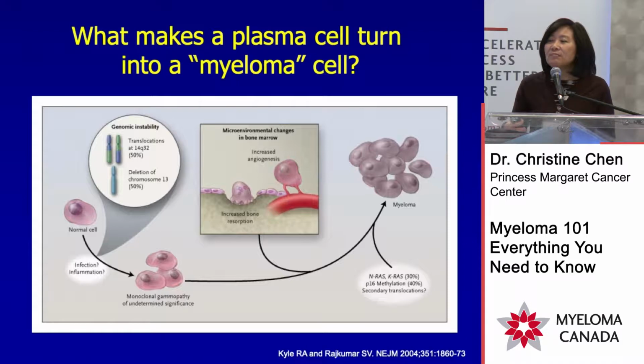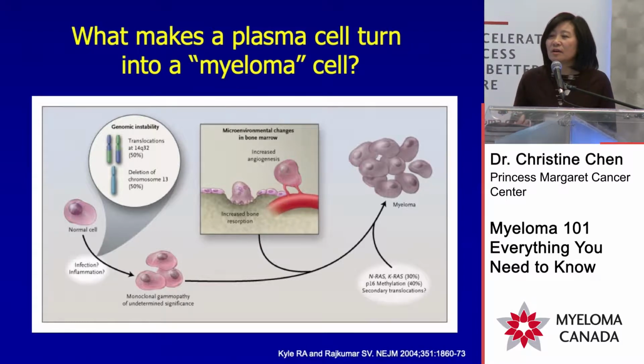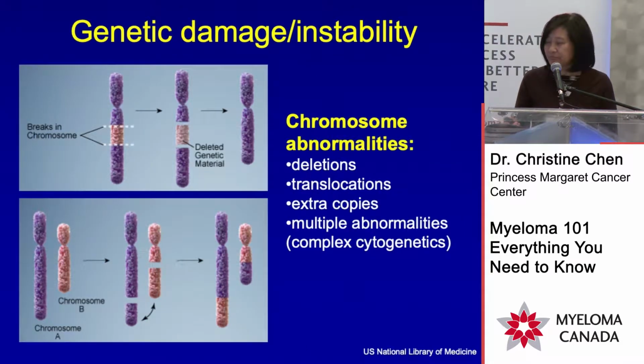We've never really been able to consistently identify any factors like that that precipitate myeloma. And then we know that there are microenvironmental factors. So what's the microenvironment? That's really the supporting tissues in which the cancer cells are allowed to grow. I'll talk a bit more about that in a minute as well.